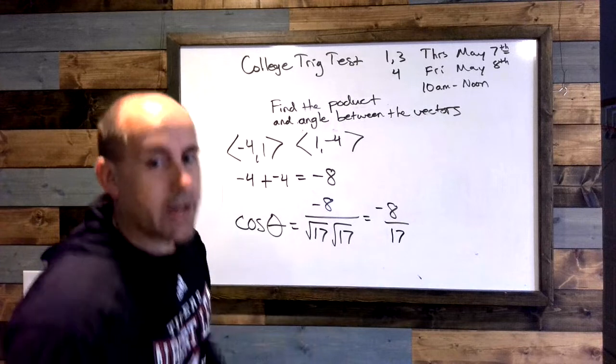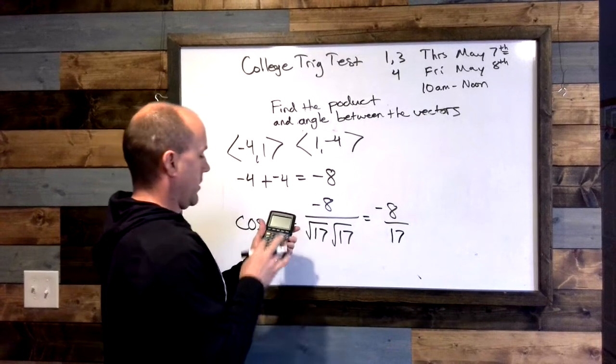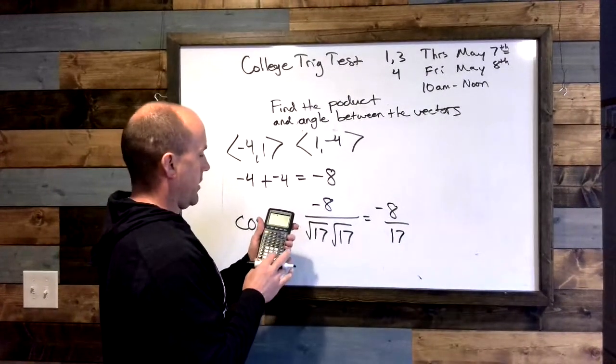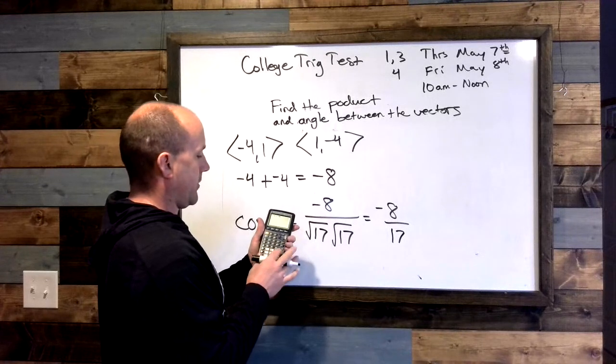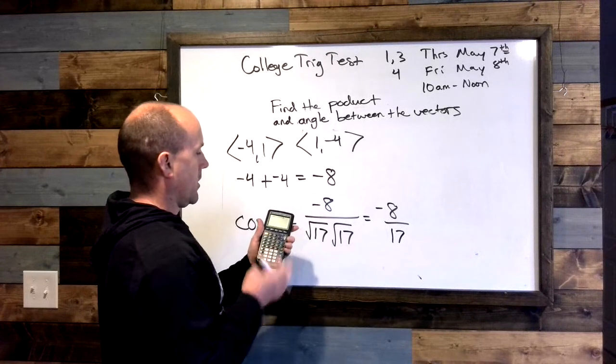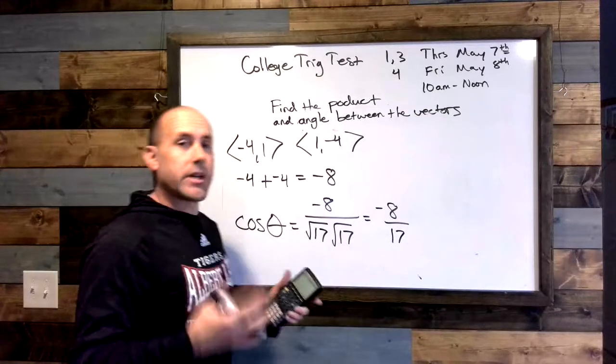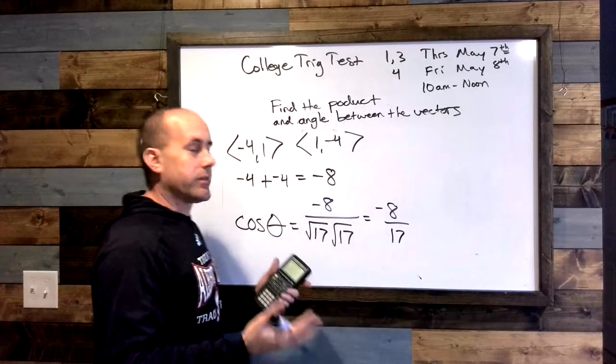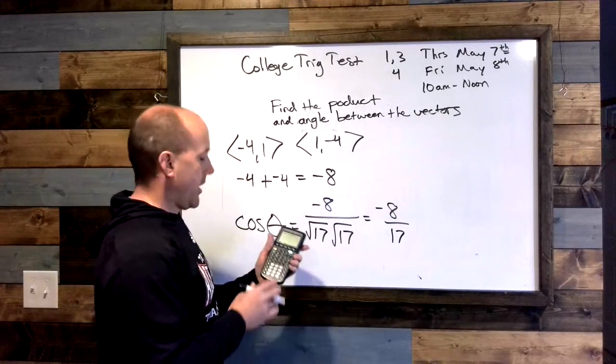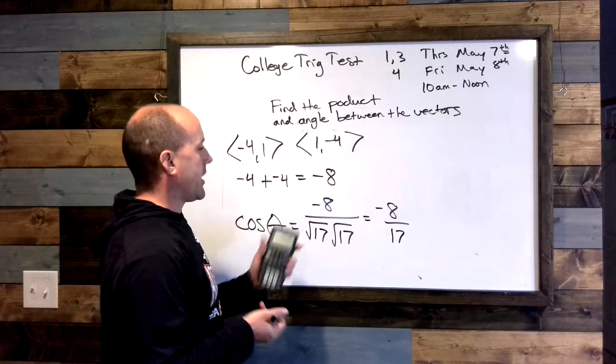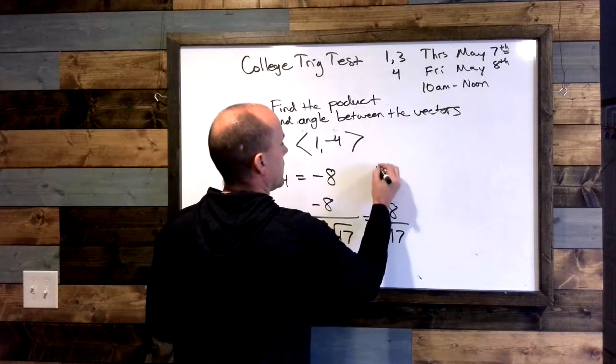So let's go ahead and do cosine inverse of negative 8 divided by 17. When you use cosine, cosine knows the difference between positives and negatives, so go ahead and just include that negative. I get 118.07 degrees.